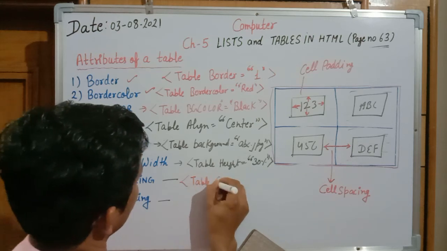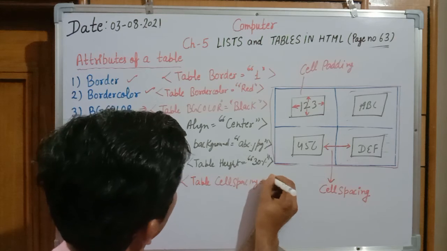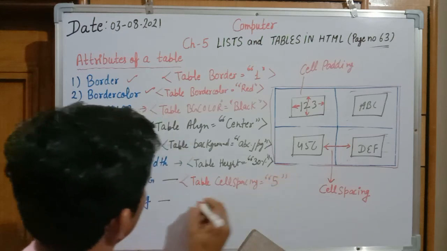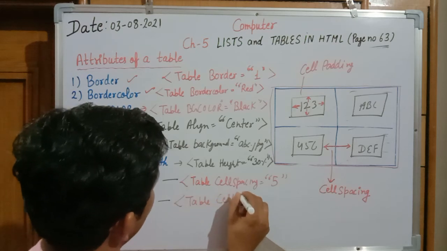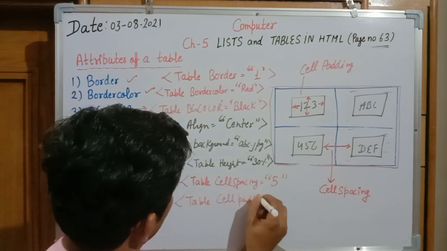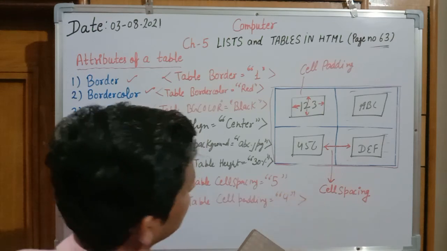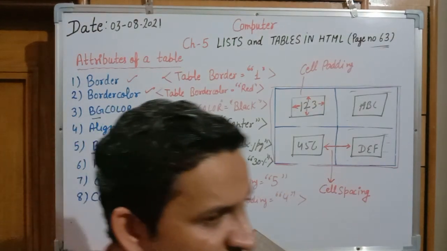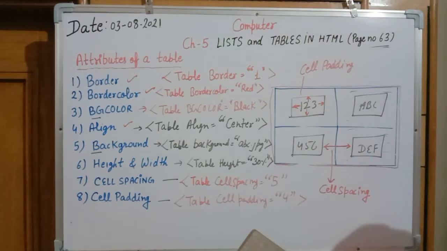Table cellspacing equal to 5. Same I write for padding: table cellpadding equal to 4. This is all about the attributes of a table that can be used within an HTML program.